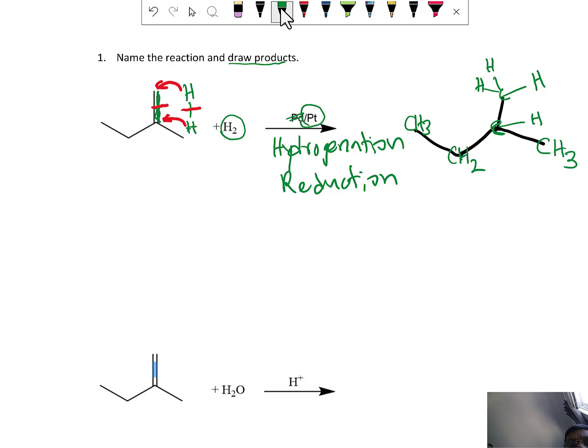Okay. Now, if you need to write, I would say this, your reactant, and also name the reaction. I said you can also name the product also. You can try to name that one. Okay. I mean the IUPAC naming, right?